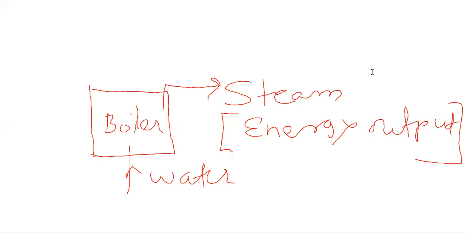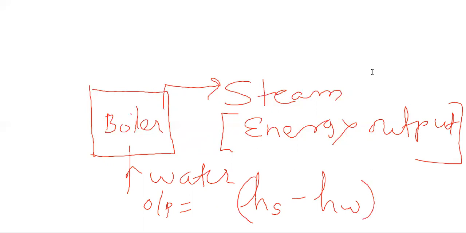So in terms of energy, the output of the boiler is the enthalpy of the steam, minus the enthalpy of water, multiplied by the mass flow rate of the steam, which is the same as the mass flow rate of the water.